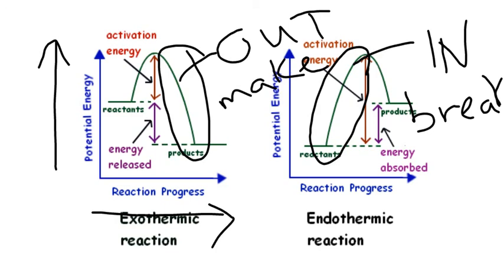And again, it's this difference between the reactants and the products that tells us, in this case, energy is going to be taken in overall. And this is the reason why an endothermic reaction will actually be a cooling reaction.